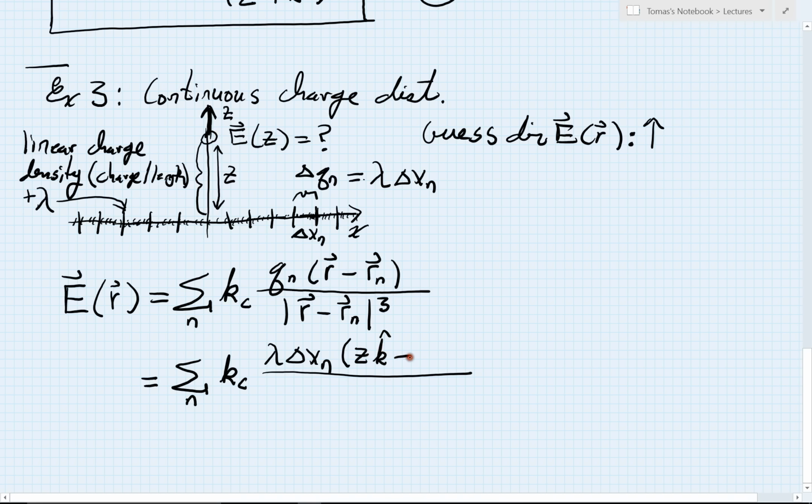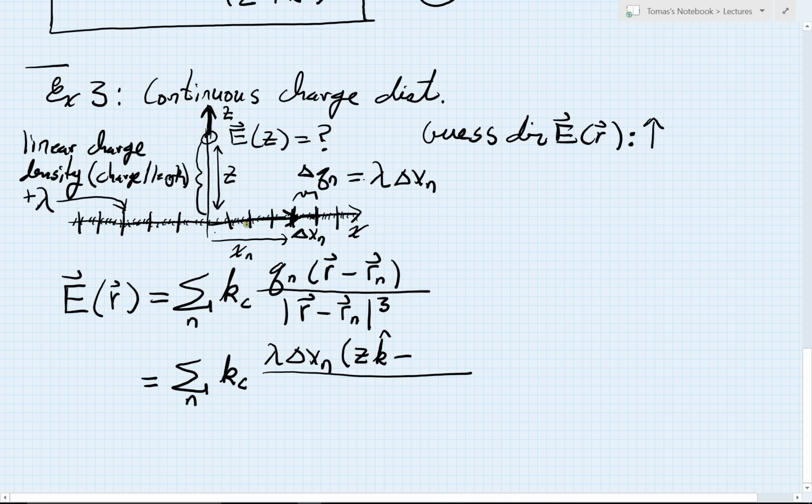And then I have to subtract off r sub n, which represents the location of my chunk in space. So for my chunk, I need a vector to give me the location of that chunk relative to the origin. I need this vector. And so I need to know a little bit more about my chunk. In particular, I need to know its x-coordinate. So I'll call the x-coordinate of my chunk x sub n.